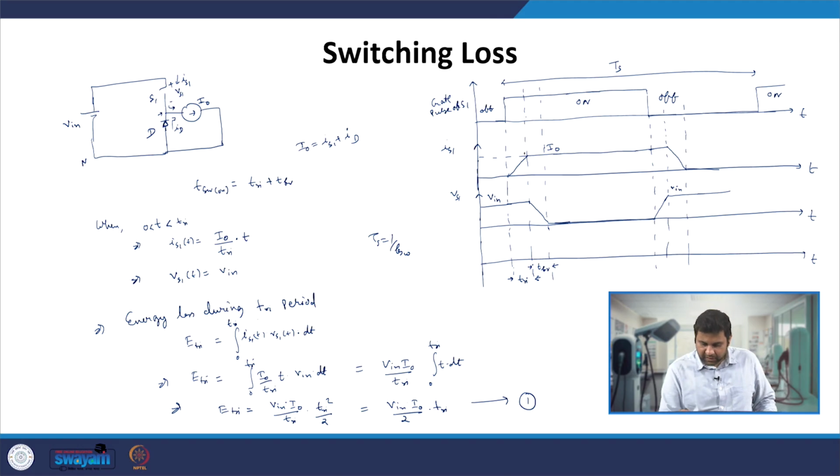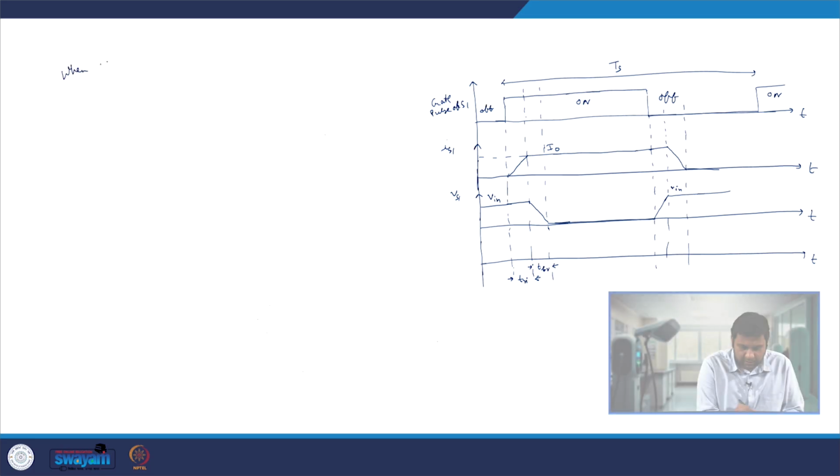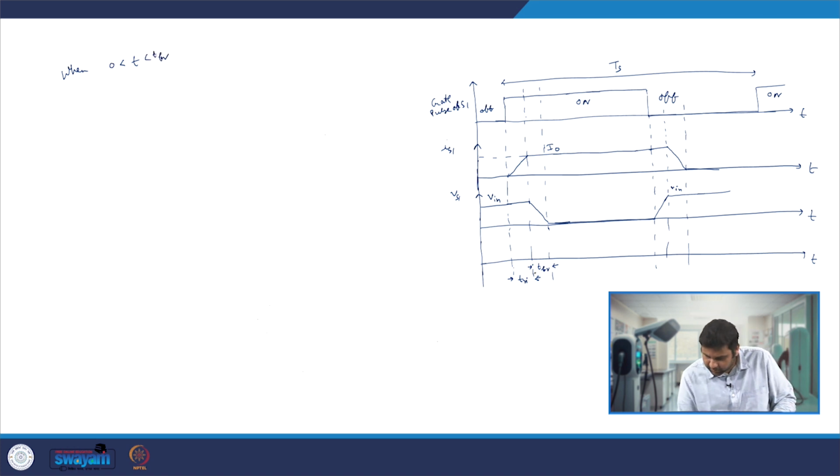So we have calculated the energy loss during the TRI period, and then let us calculate the energy loss during the TFV period. Let us take the time going between 0 to TFV, that means during this period of time, from here to here.